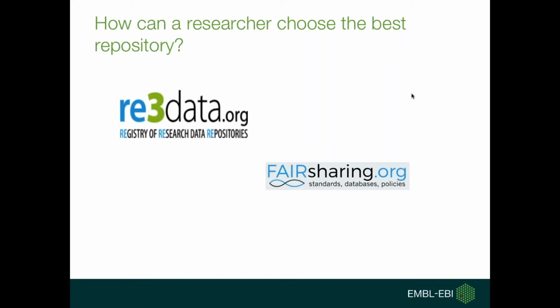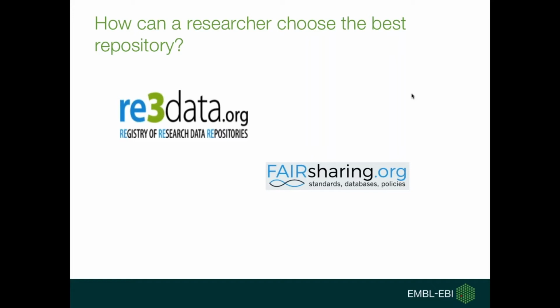Those are two places online where you can look for a database that suits your particular type of data. It's also a good idea to check in with the journals because often they'll recommend particular databases. You can also talk to other people and see what they're doing. This is particularly useful if you're in a new field and it hasn't quite been worked out yet what the best place or way to store your data is.